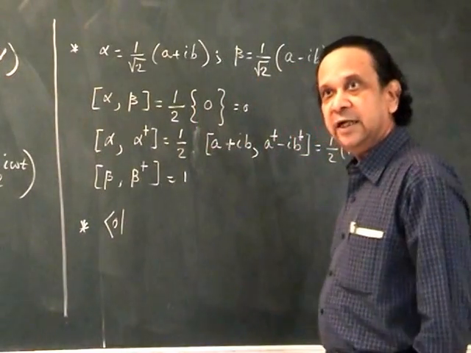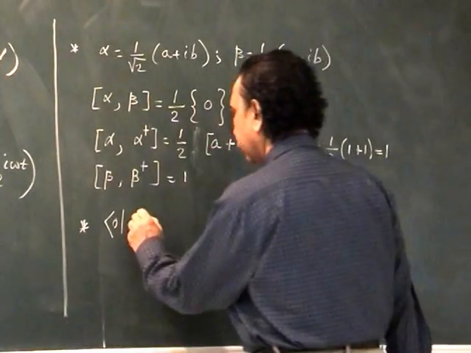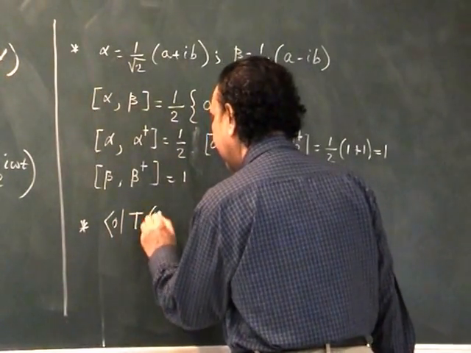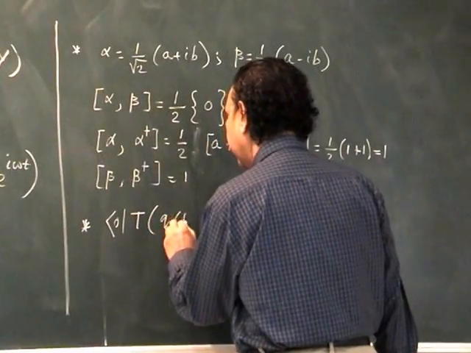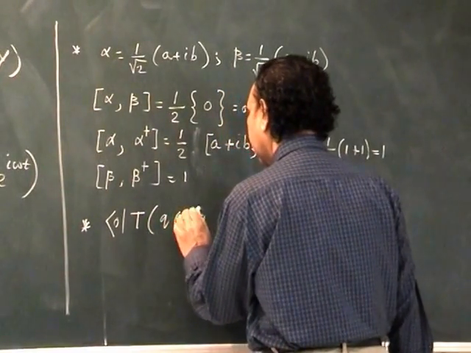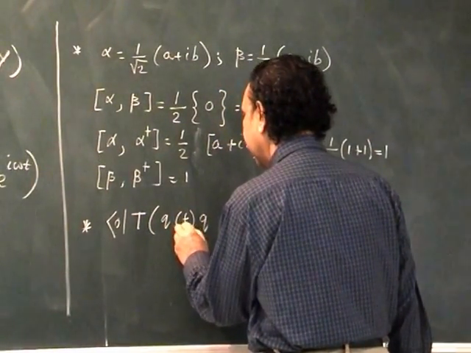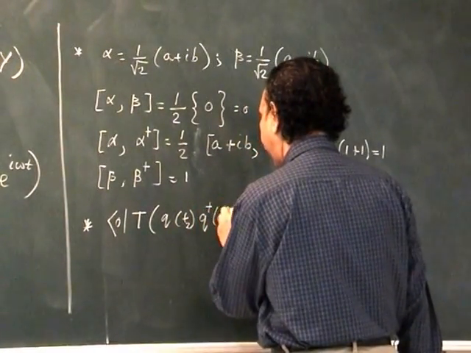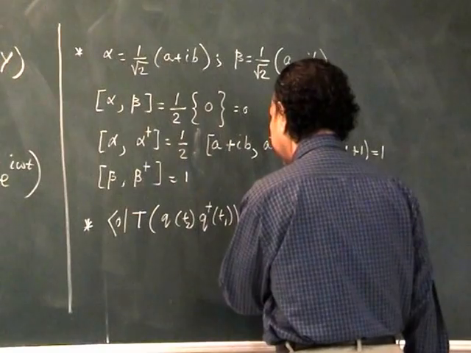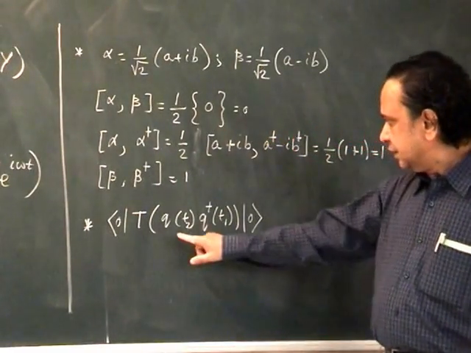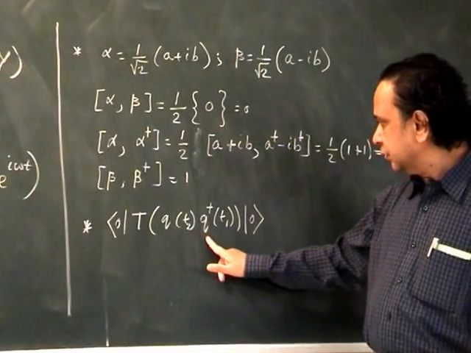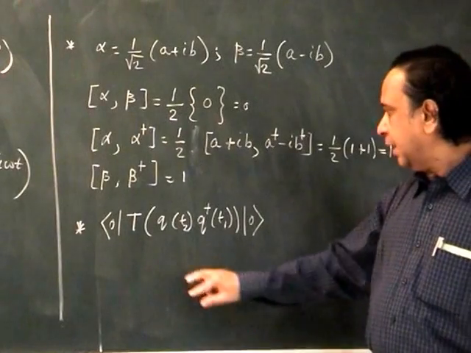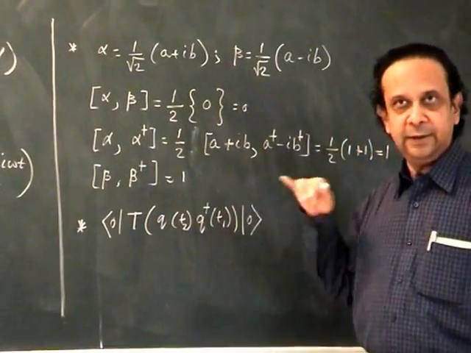This is the ground state of the oscillator. I will write it down first and then I will work it out. Q of t2, let me say, and Q dagger at t1, ground state. So this is Q at t2, this is Q dagger at t1, and there is a capital T with a bracket here.